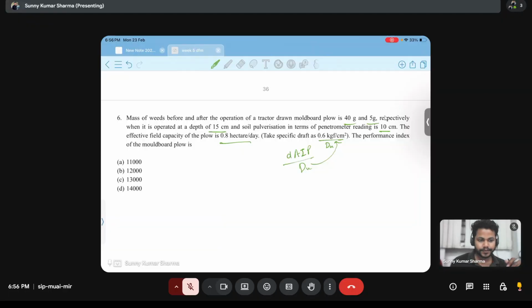0.10 actual field capacity. So soil inversion value is 87.5. Soil inversion is 87.5, 35 by 40, 40 into 100. Yes.